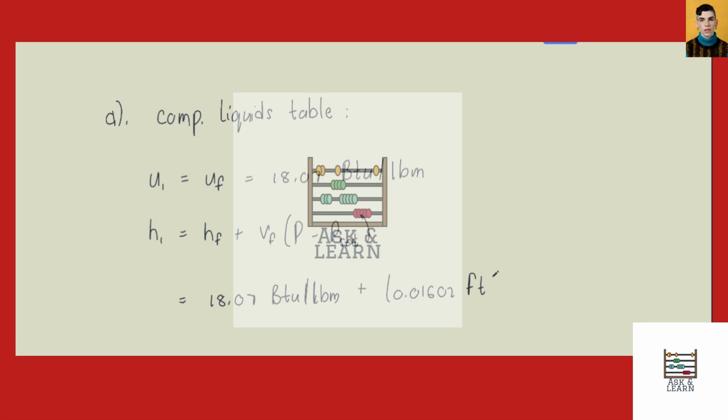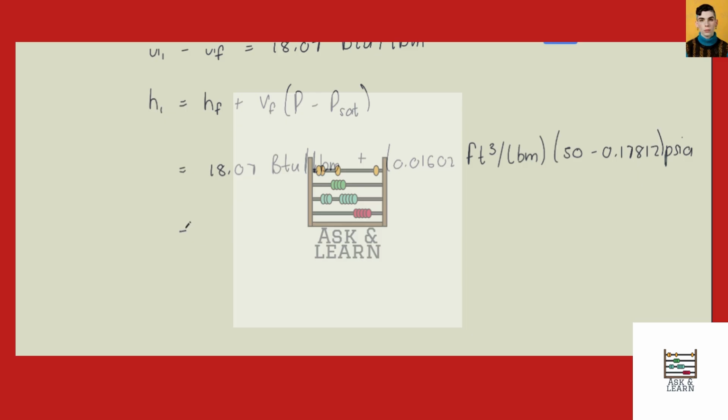That's the specific volume, which is cubic feet per pound, multiplied by 50 psi minus 0.17812 psi. And we'll convert that to BTU. So this value for H1, the enthalpy of state 1, becomes 18.21 BTU per pound.